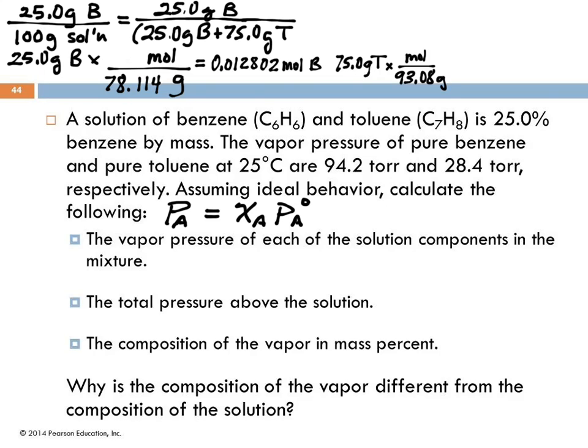So I'm going to take 75 grams and divide by 93.08 and come up with the moles of toluene. 0.80576 moles of T.